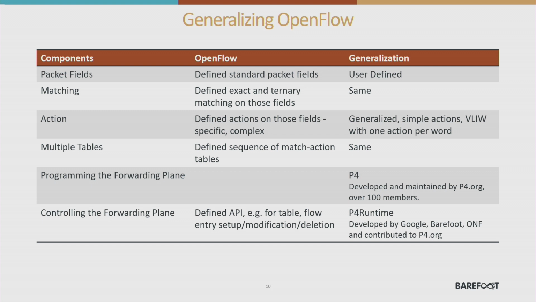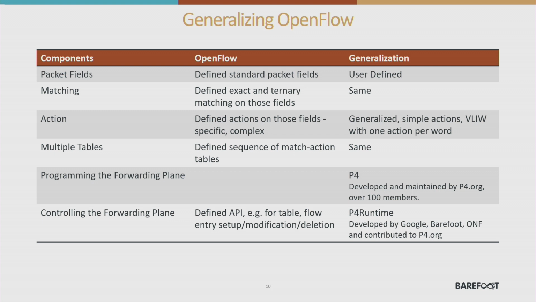And this actually didn't exist before, which is probably my biggest surprise in getting into networking. There was all of this complex behavior going on in a very large industry and no language to describe it in. So P4 has been very, very successful. P4.org has over 100 members. Basically, every company that's involved in switching as a vendor or a user is in P4.